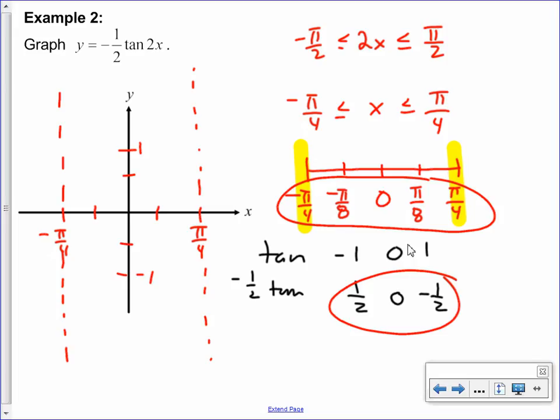So we're just going to go to the halfway point. It's just going to squish it a little bit. But this time, it starts at positive 1/2, 0, -1/2. What did the negative do? The tangent switched it. So would you say it made it a cotangent? Maybe. It's 3 points this time.